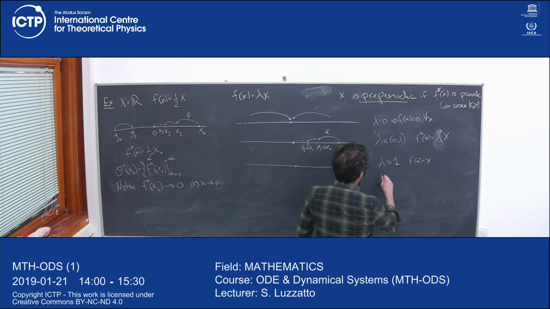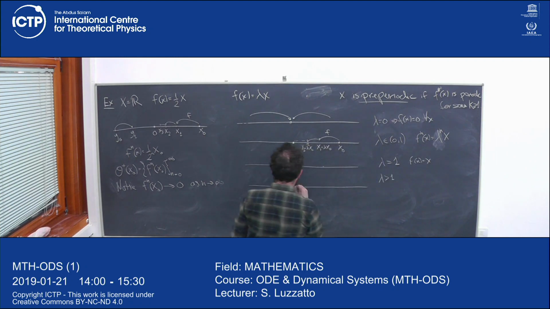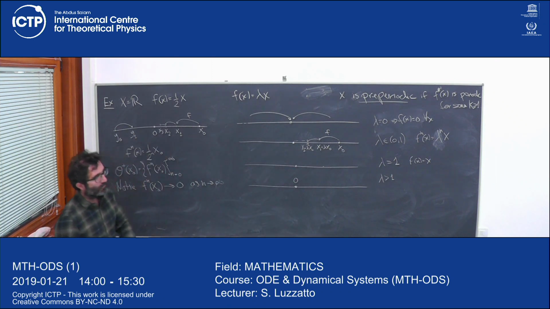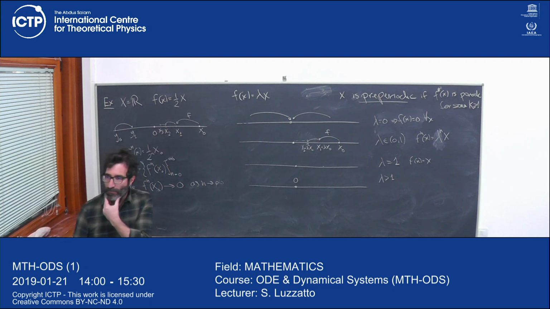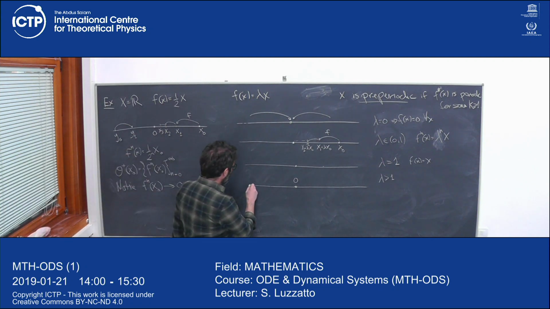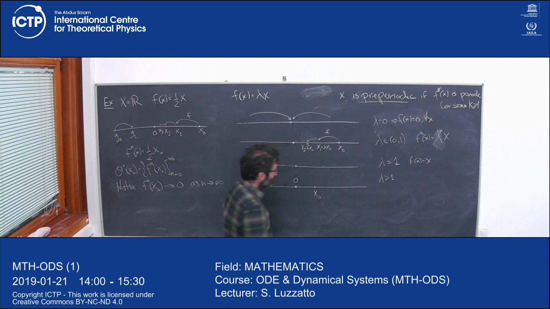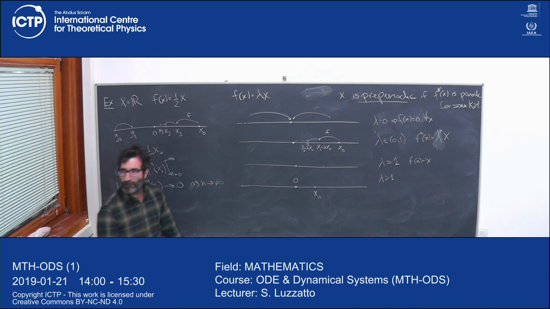And what about lambda bigger than 1? What happens here? Only 0 is a fixed point again. And what happens to this point here, x0? It goes away from 0. That's right, you multiply by something bigger than 1.